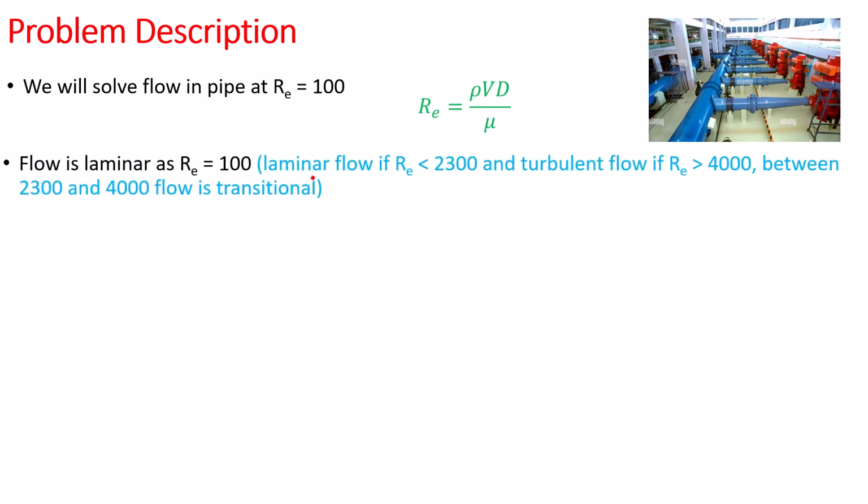And by definition, the flow will behave as laminar when the Reynolds number is less than 2300, and turbulent when Reynolds number is greater than 4000, and in between the flow is a mix of laminar and turbulent. That is the transitional flow.